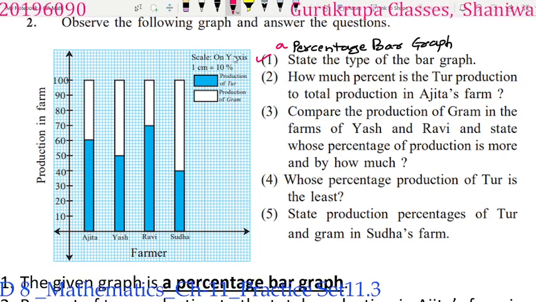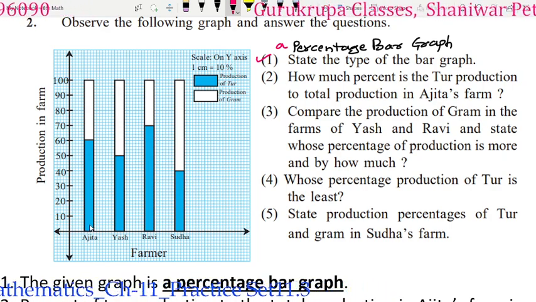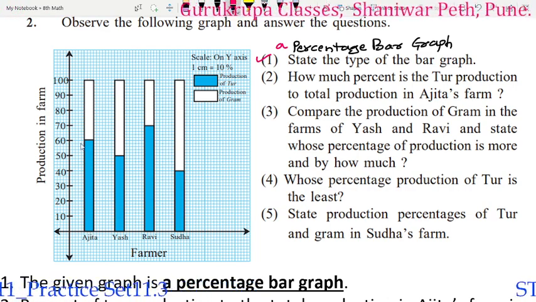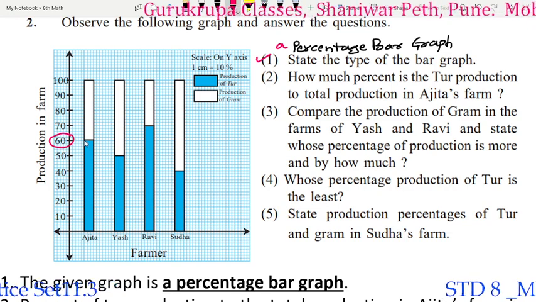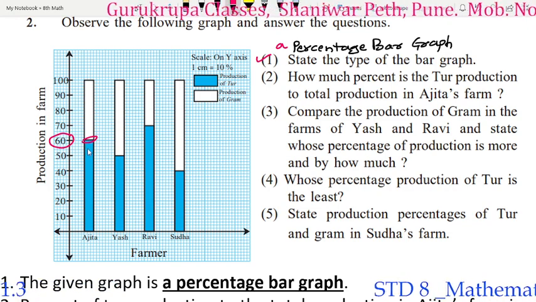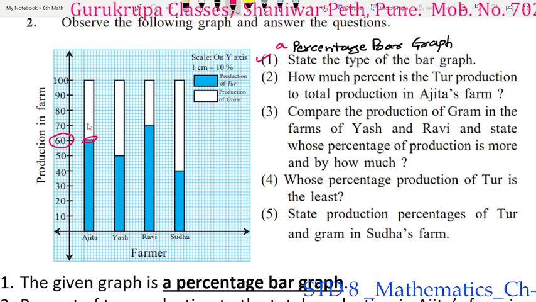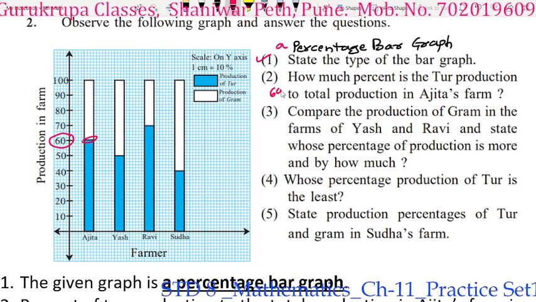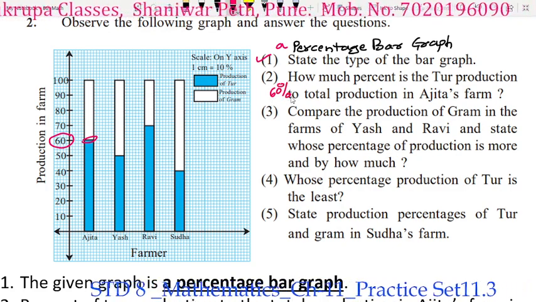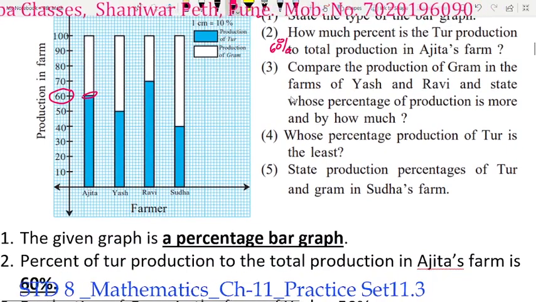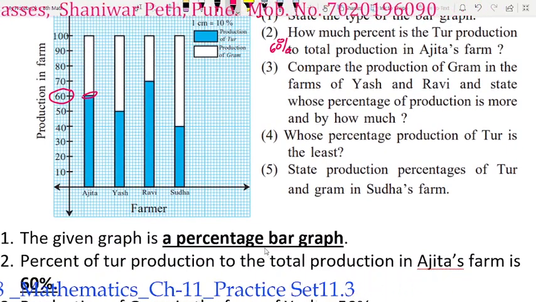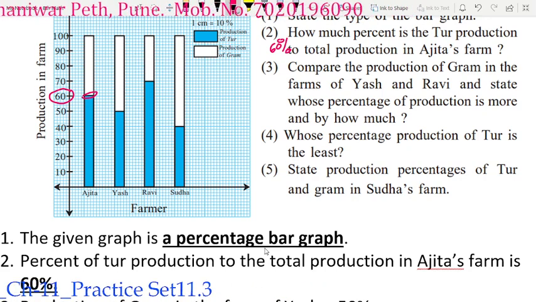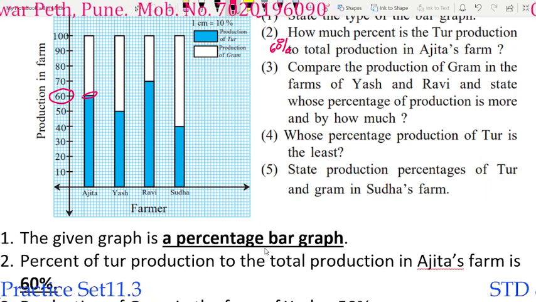Here we see the first bar is for Ajita's farm, and up to the number 60, we get the color coding, blue color for the production of tur. So 60%. In words we can write that the percentage of tur production to the total production in Ajita's farm is 60%. Answers are also provided at the bottom of your screen.